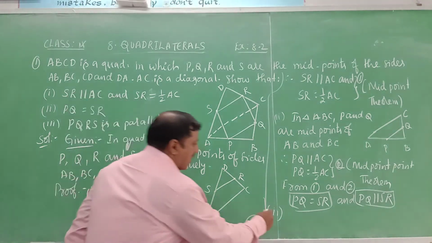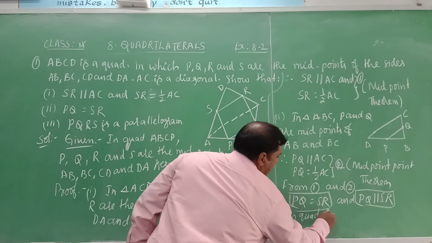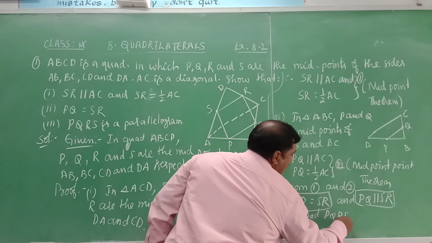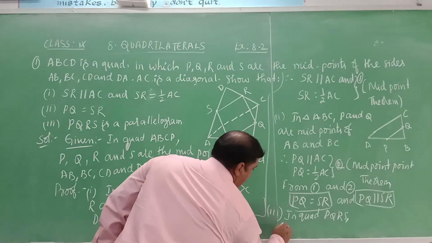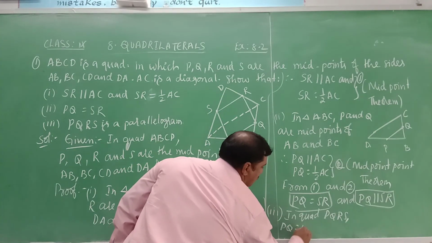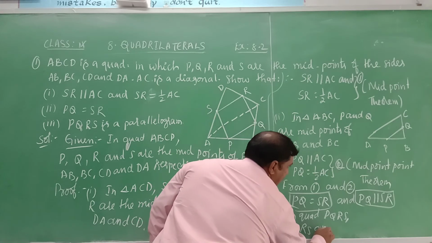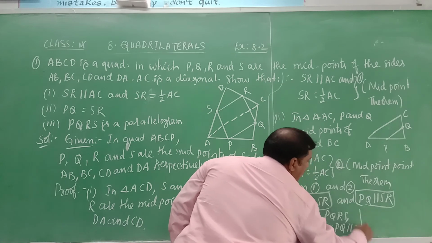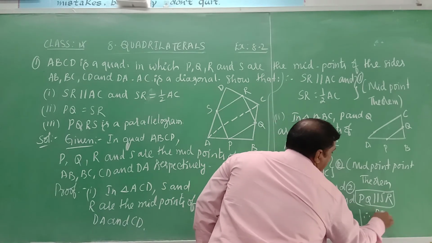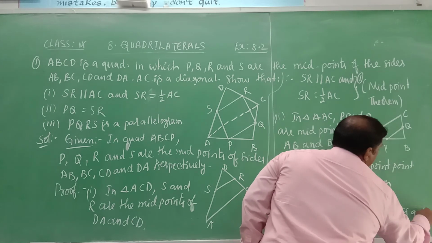Now in quadrilateral PQRS, PQ is equal to SR and PQ is parallel to SR. Therefore, PQRS is a parallelogram.